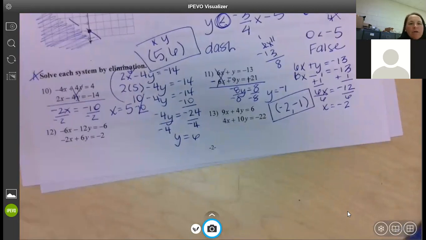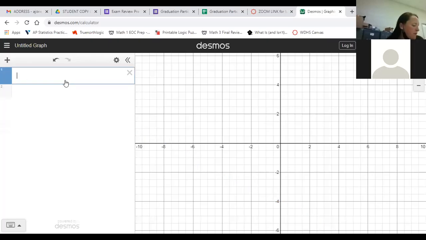I'm going to show you number 12 on Desmos, just so we have one. So I'm going to stop sharing this, and then I'll show you the other one by hand as well. Sorry, I'm not doing very good right now. So number 12 says -6x minus 12y equals -6.